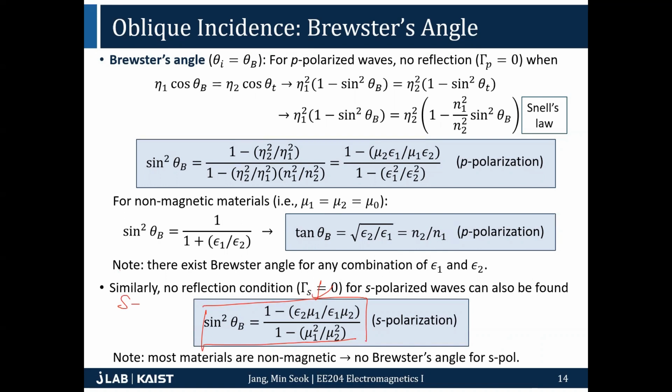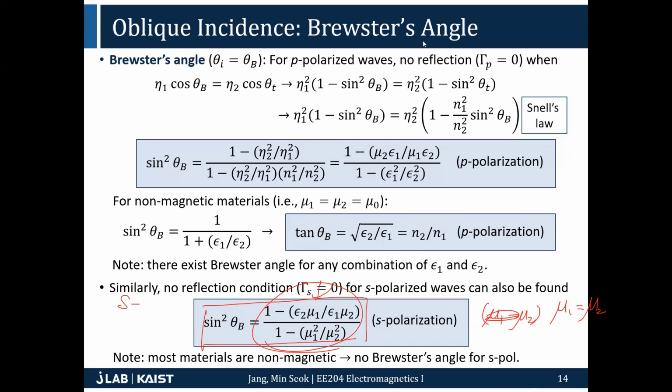And then if you look here, if mu1 is mu2, then there's no solution here, right? So for non-magnetic material, there's no Brewster's angle for S polarization. So Brewster's angle typically exists only for P polarization.